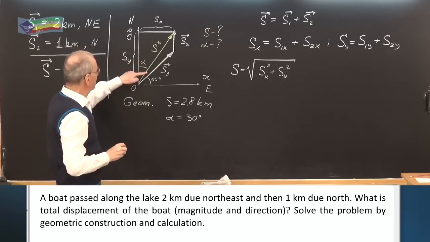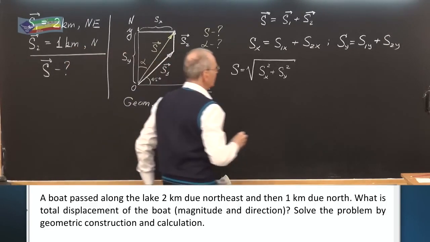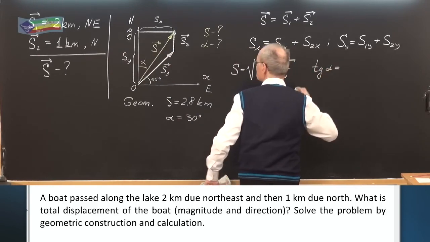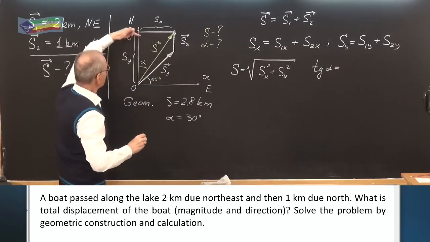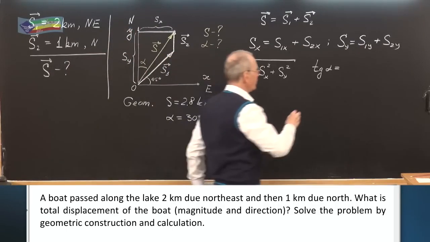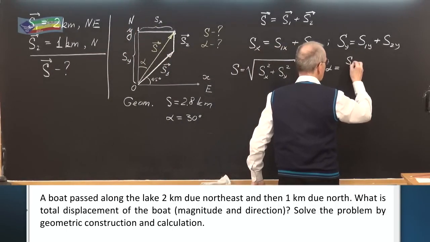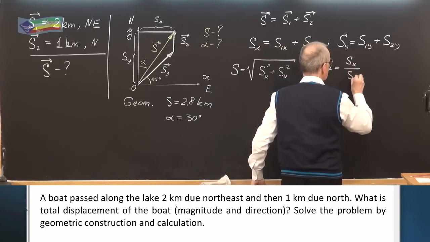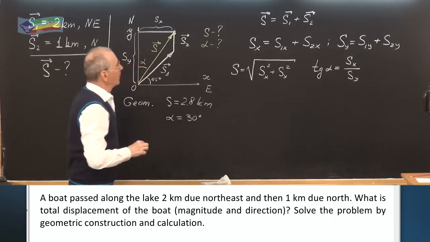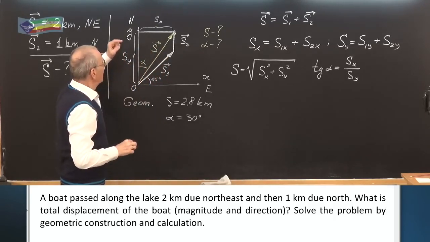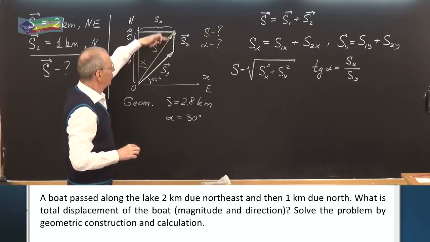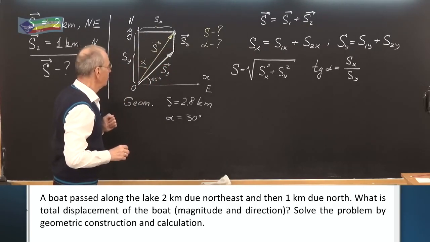So the tangent of the alpha angle equals Sx over Sy. Now we should find two components of S1 vector and two components of S2 vector.